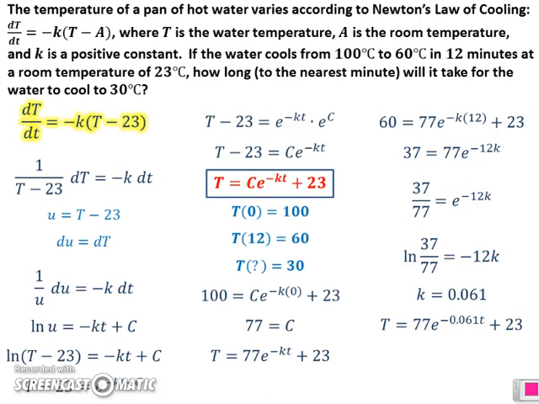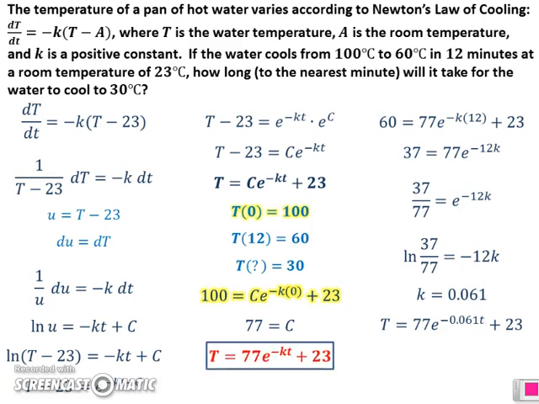And then using that given point, the initial condition first, we plugged in our 0 and 100 for the little t and the big T, and that allowed us to solve for C. So then once we have C, we use the other point, plugged it in for little t and big T. This allowed us to solve for K.